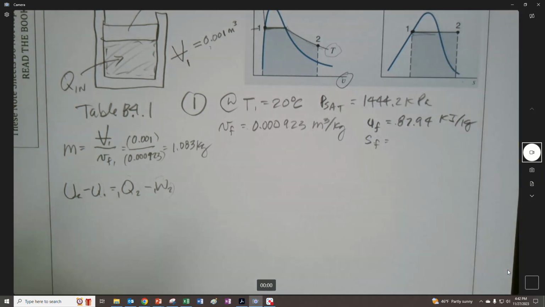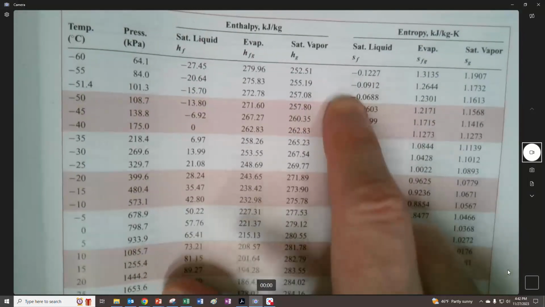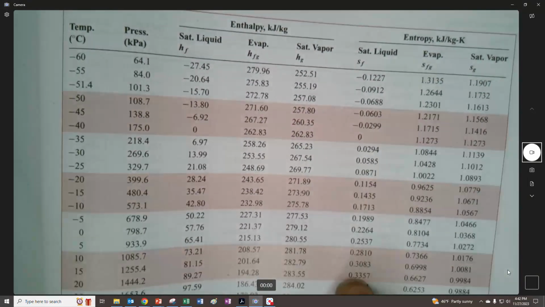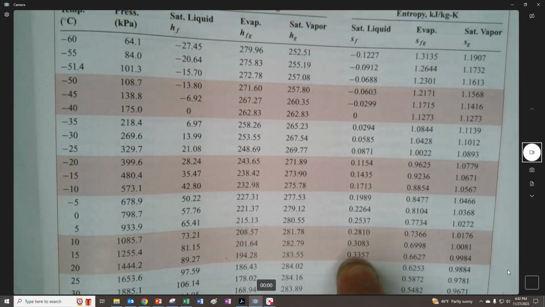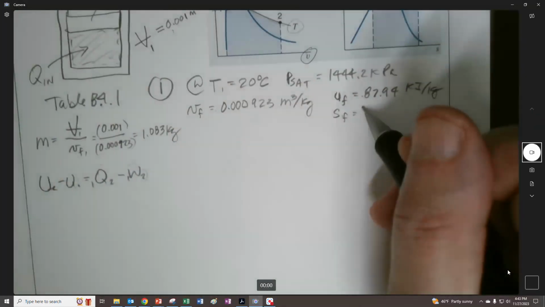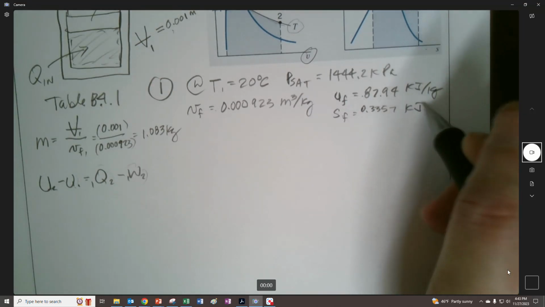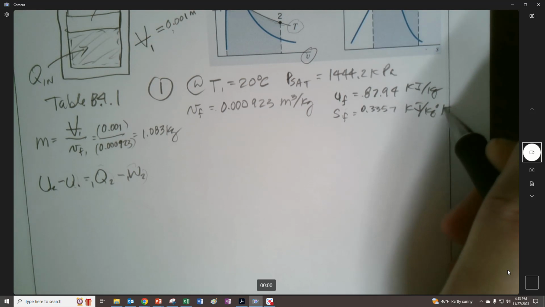And then for the fluid entropy for 20 degrees, we'll have 0.3357 kilojoules per kilogram degree Kelvin.